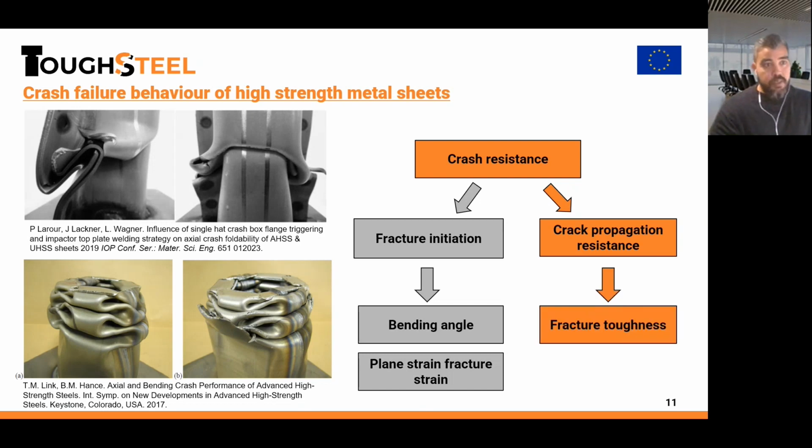And this is where we think the property that should be used to understand the crack propagation resistance of the material is the fracture toughness. Now, in this presentation, we will focus on this second stage of the fracture. We will take into account this crack propagation resistance, and we will try to show experimental evidence of the relationship between the fracture toughness, or the plane stress fracture toughness as measured by the essential work of fracture, and the crash performance of advanced high-strength steels and press-hardened steels.